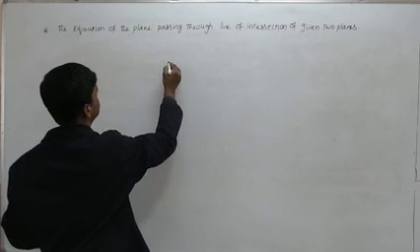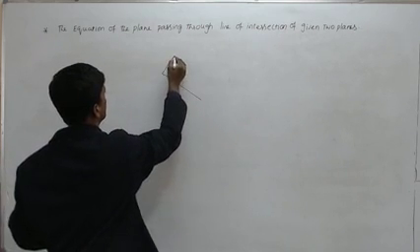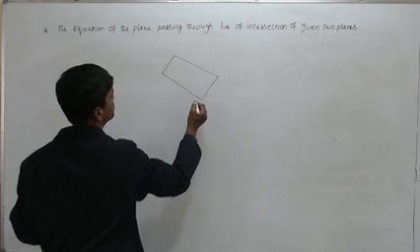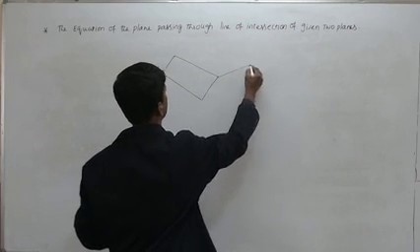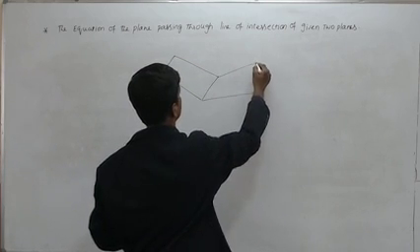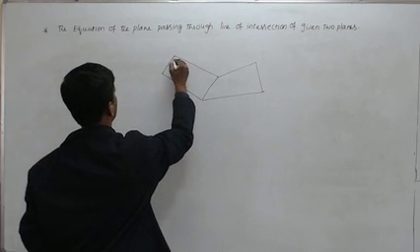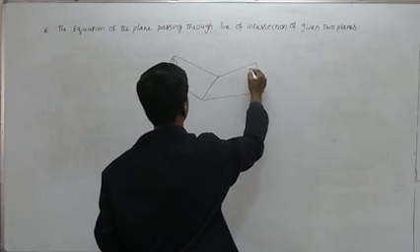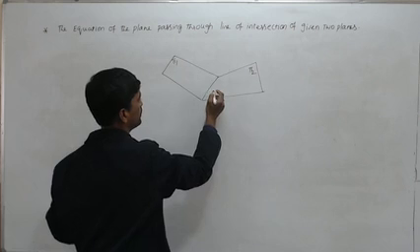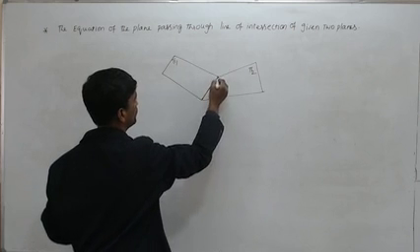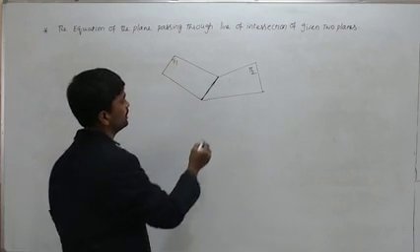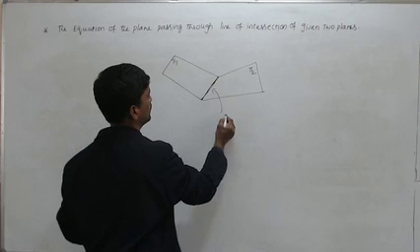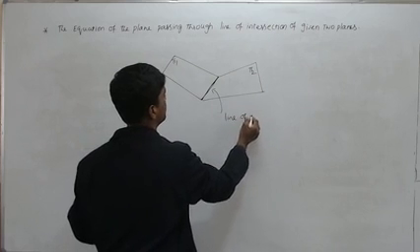Suppose the given two planes are like this. Suppose this is the plane pi 1, this is the plane pi 2. This is the first plane, this is the second plane, and this is the line of intersection.